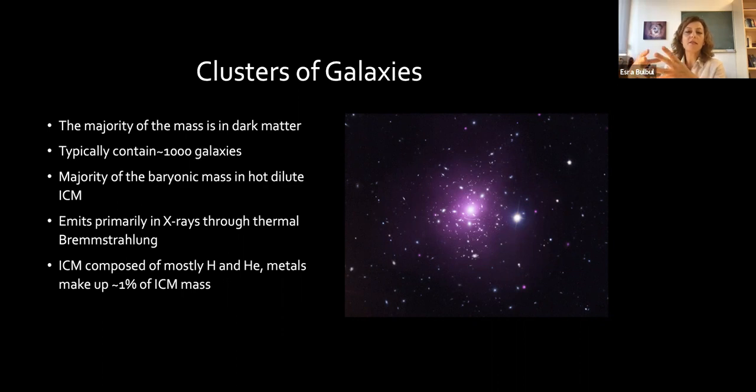So these elements, metals like iron, silicon, carbon, calcium, and nickel, these are formed in galaxies and pushed out to the intracluster medium throughout the evolution of clusters through supernovae explosions or galactic winds or AGN feedback, etc. But the metals actually constitute about 1% of the ICM mass. So you can see that majority is really in hydrogen and helium.